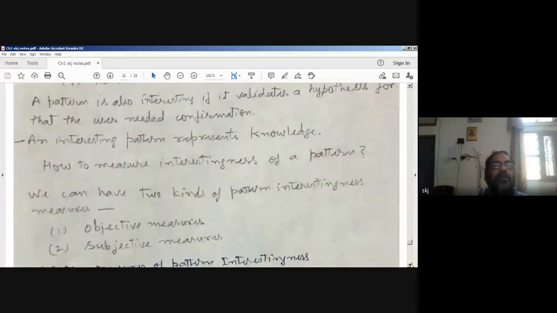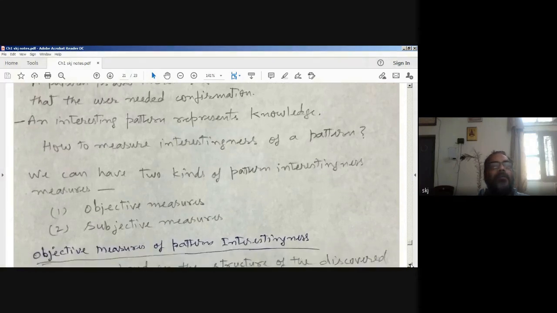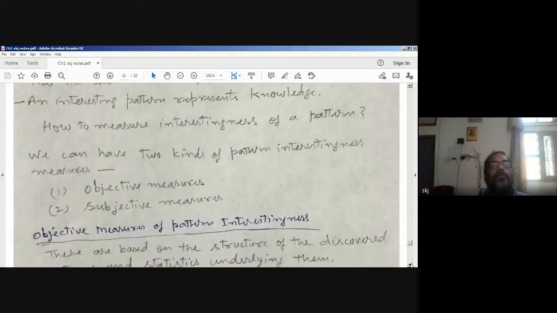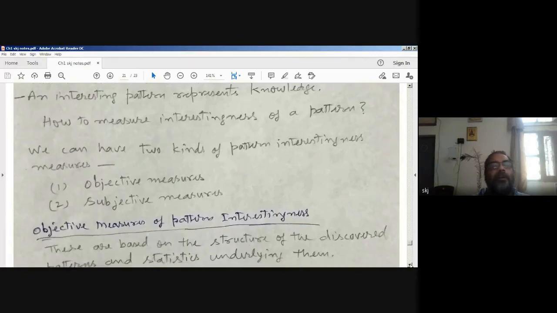Next, an interesting pattern represents knowledge. So how do we measure the interestingness of a pattern? We can have two kinds of pattern interestingness measures: objective measures and subjective measures.